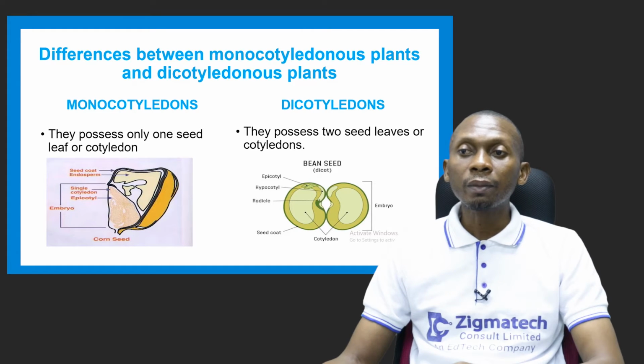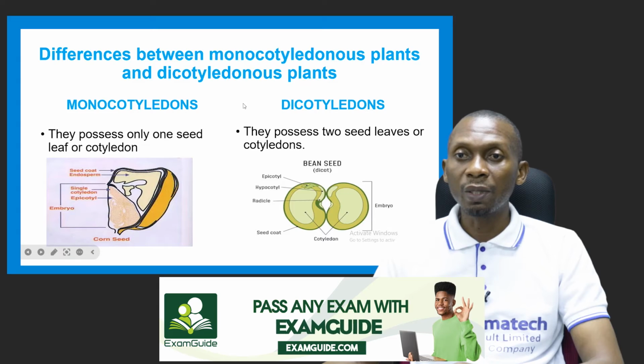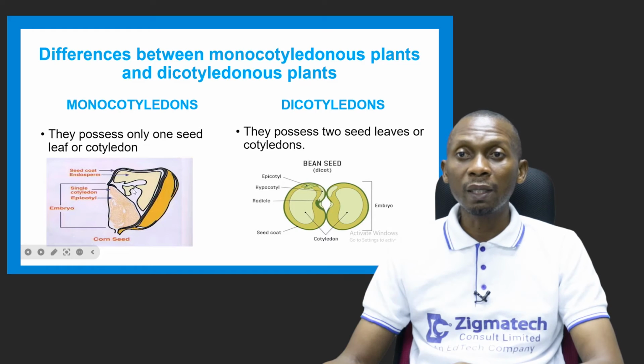So the picture helps us to see the internal organs of the seed, which tells us that this is a monocotyledonous seed. Then the dicot, you can see it possesses two seed leaves. It can be divided into the two cotyledons. You can see these are the two cotyledons. For the monocot, it has a single cotyledon. For the dicot, it has two cotyledons.